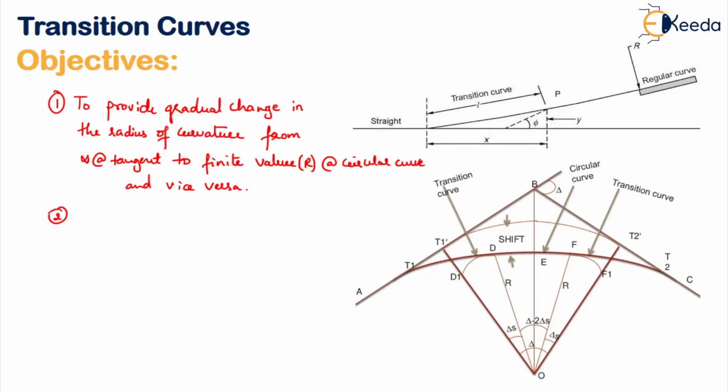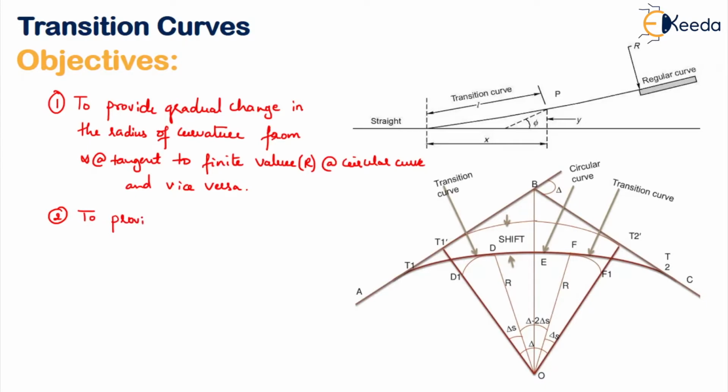Now the second one is to provide gradual increase of super elevation to the outer rail. We know that for tracks in the curved portion, we provide super elevation. Super elevation also should be provided gradually so that there is reduction in shock or any severe jerk on the moving railway vehicles. So for that also we need a transition curve.